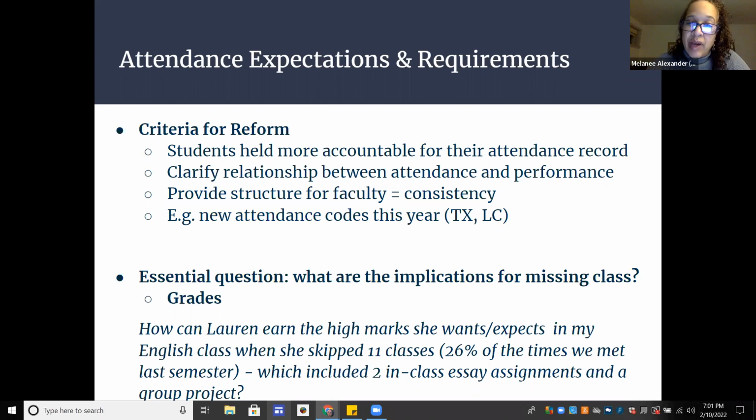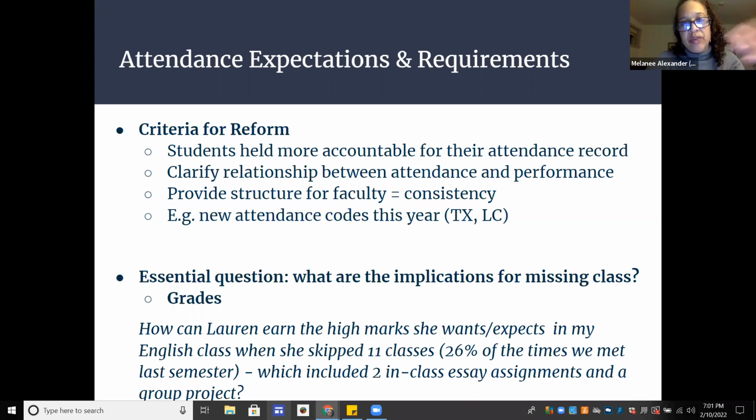We all know how important it is to be on time, and if you're very late, there needs to be a discussion around that. And when kids leave class, we have all done a lap around for whatever reason. Maybe we go to the bathroom and then we see a friend, et cetera. But the fact is that when you leave class, you've got to get back to class quickly. So those are two new attendance codes, and we're doing some work on that.